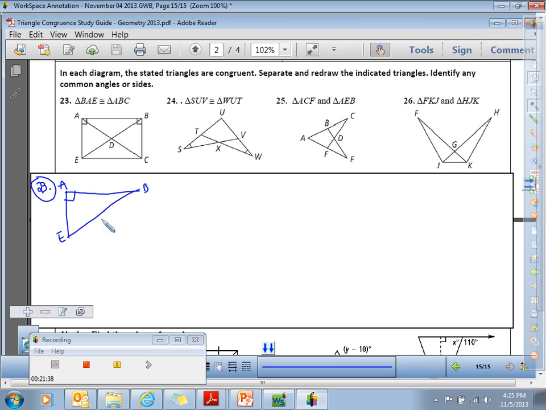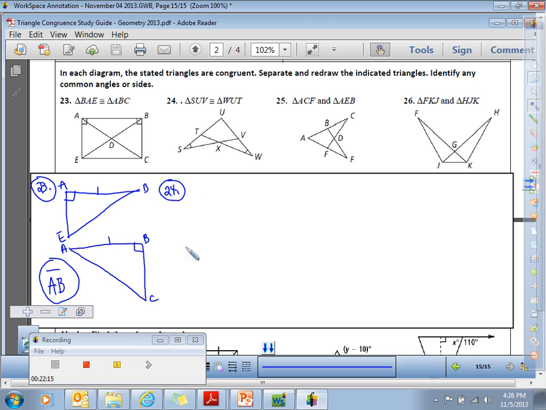Okay, and then triangle ABC, A to B to C. And that's the right angle. So the sides they have in common would be side AB is congruent to side AB. They share that side. That's the only completely common side or angle that they have. Segment AB.